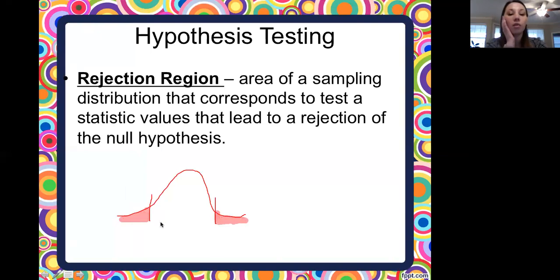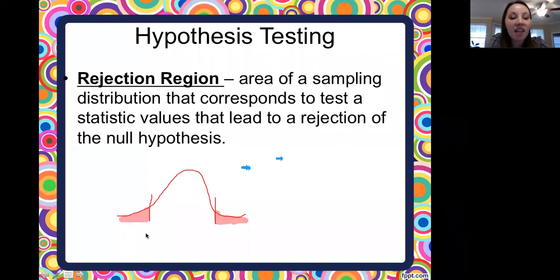So here, these two lines denote our rejection region. Okay, I clearly don't know what I'm doing. All right, so I guess we're not using the arrows.